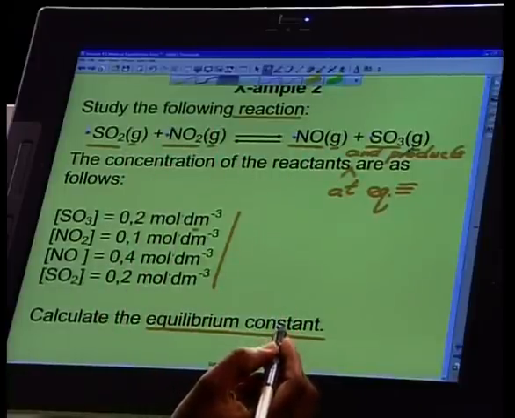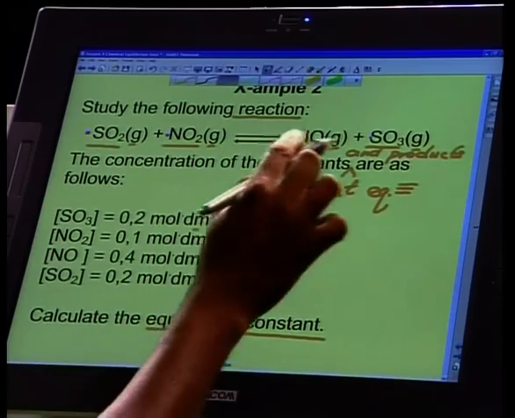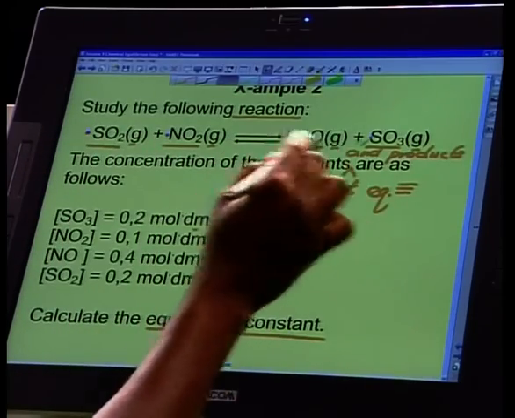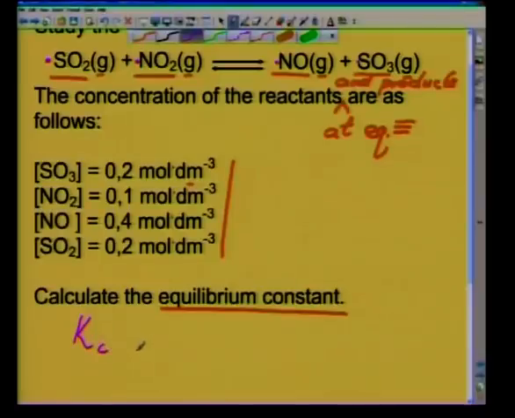And because it is balanced as it is, we don't have to put in any stoichiometric number or balancing factor there. For that reason, the powers won't be there. Right, so writing our Kc expression for this chemical reaction at equilibrium would mean that we would have our Kc expression as follows. Remember, it is the concentration of the products. What are our products? NO is a product.